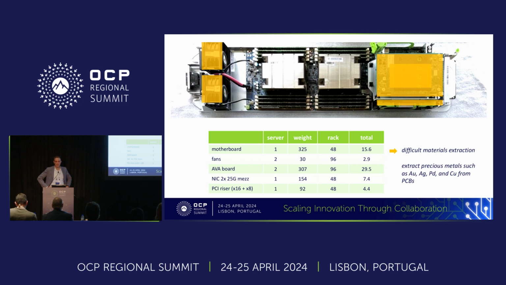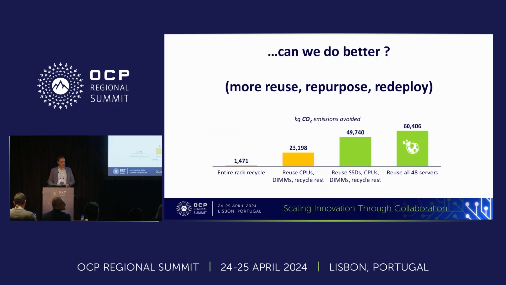You're smelting it down, you have a lot of different separation steps. It's CO2 intensive compared to your standard ferrous or non-ferrous recycling streams. But that's the standard right now across the industry. But again, we'd like to reuse more motherboards and, in fact, all other components.